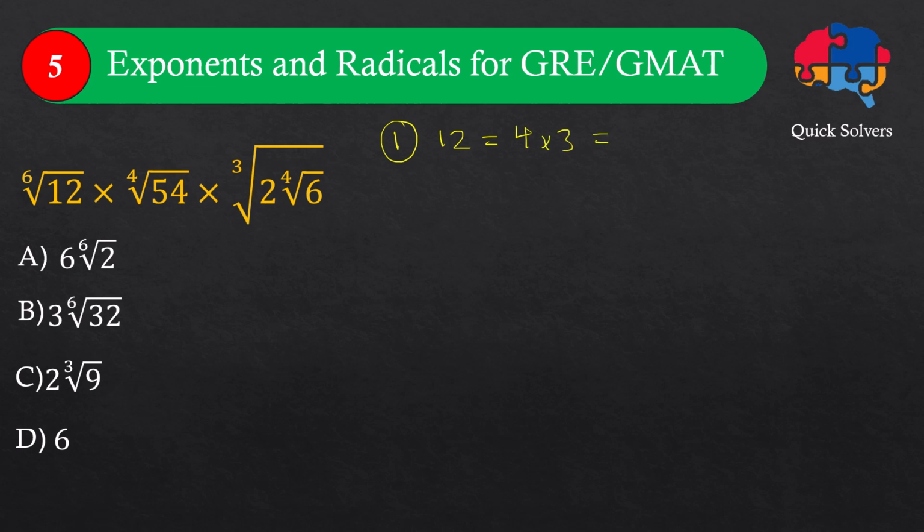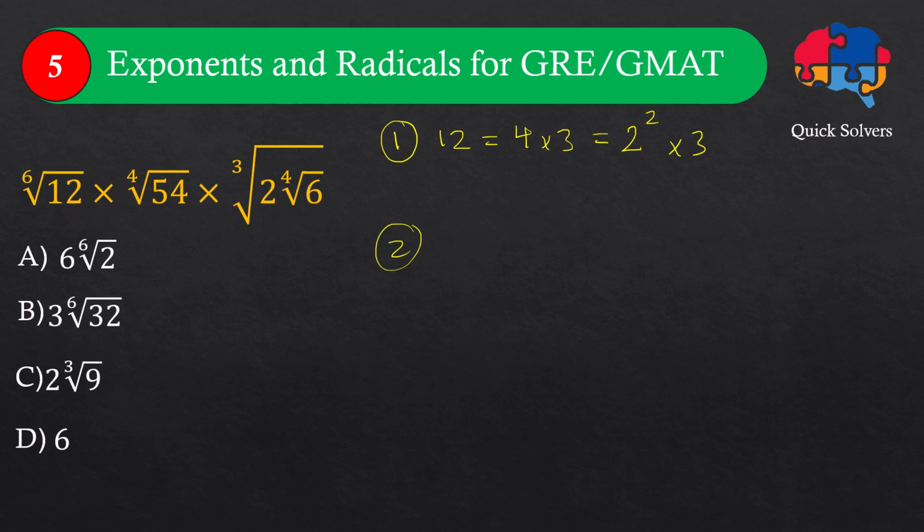And I can further decompose this to 2 times 2 times 3. Or I can say 12 equals 2 to the power of 2 times 3, okay? So I should try to do the same thing for each term here and here as well, trying to decompose that to factors like 2 and 3. Something similar for all the 3 terms here. So that's the first step.